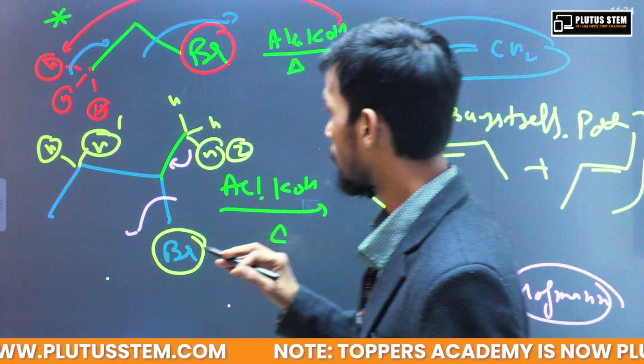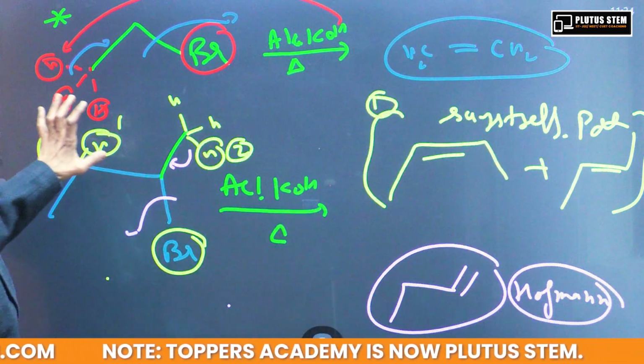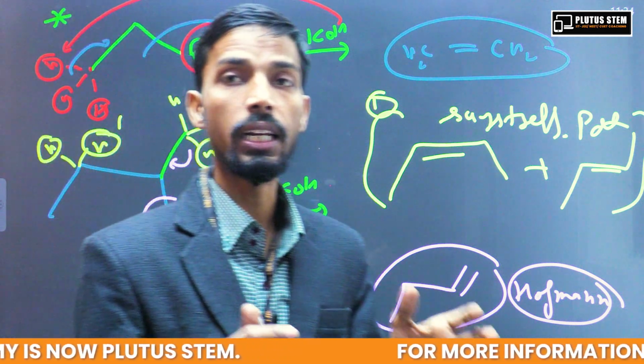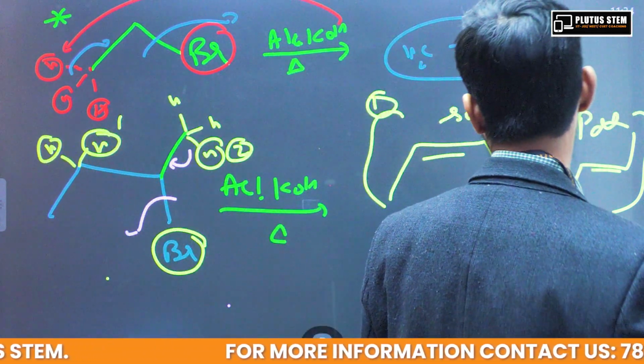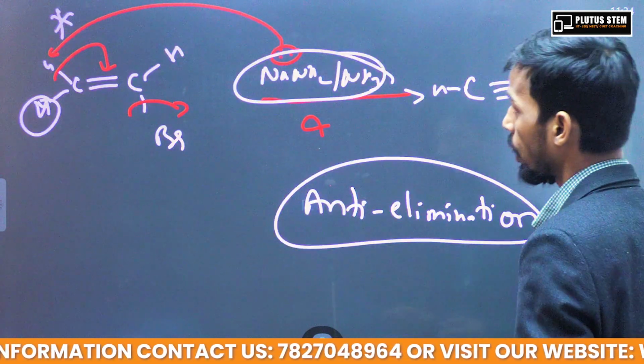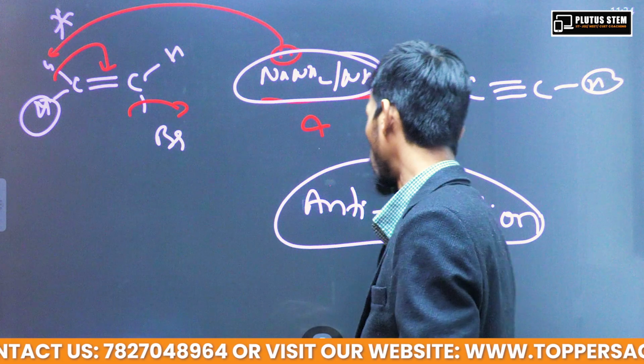You can see over here, the proton and bromine are leaving simultaneously. Again, Saytzeff is going to be the major product most of the time, and Hofmann is going to be the minor product.